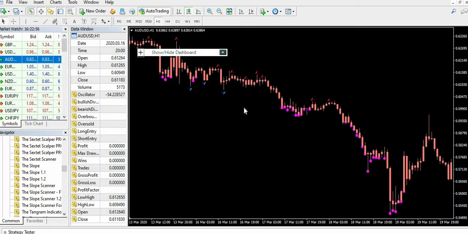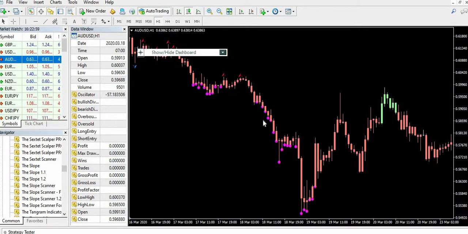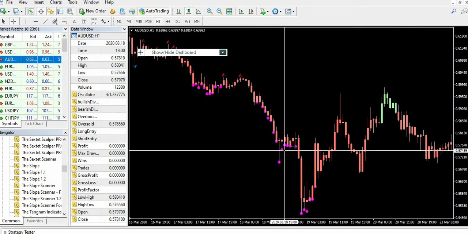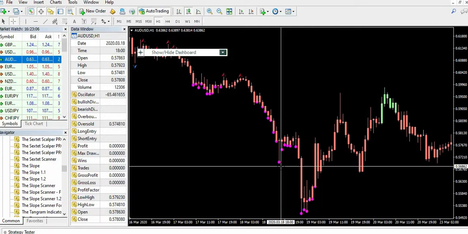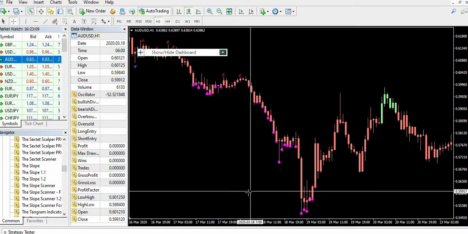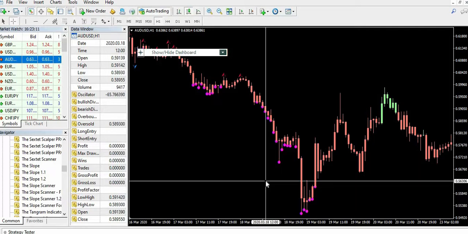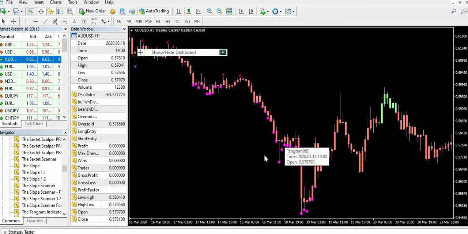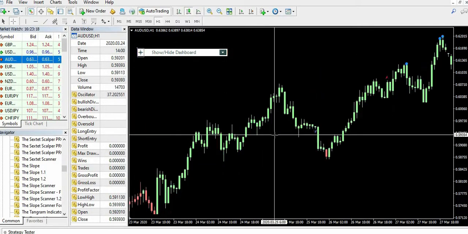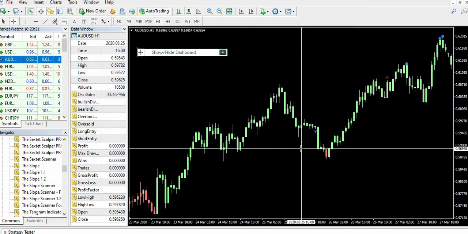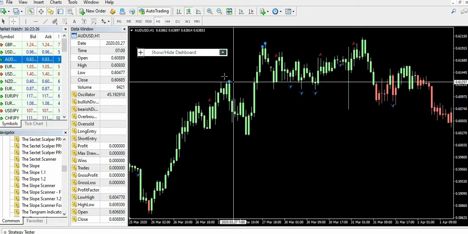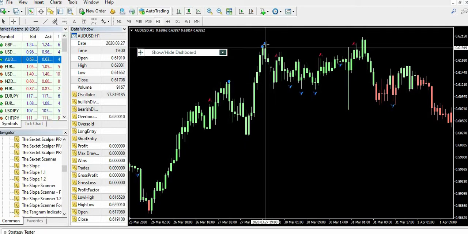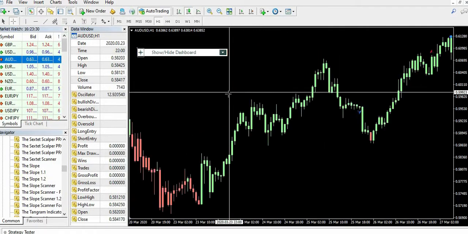Now the second type of data that we see here are the circles. These circles are overbought and oversold circles, and they indicate that the compounded oscillator is above or below the level you choose in the settings. Here the level is 60, and whenever the oscillator is above 60, we get overbought signals, signified by the blue circles.